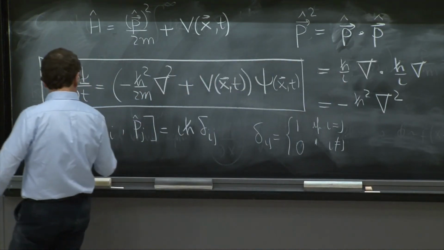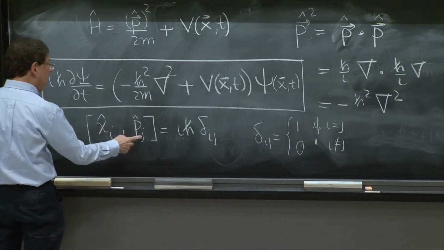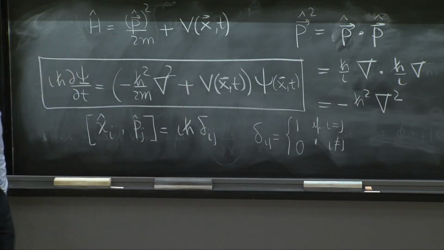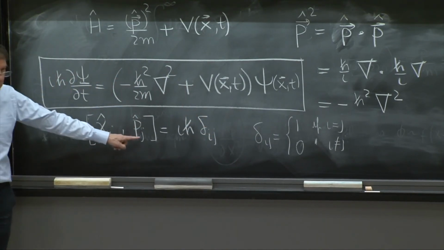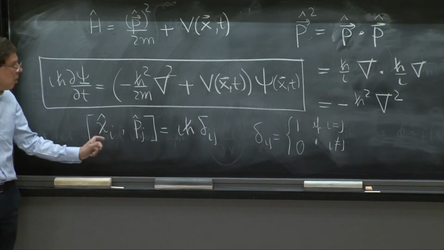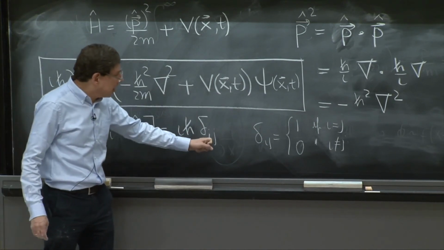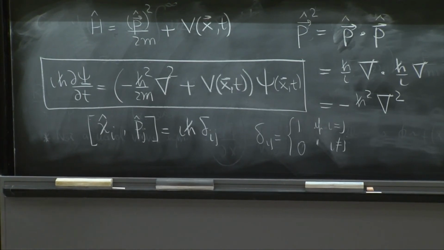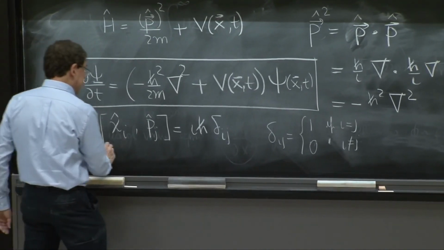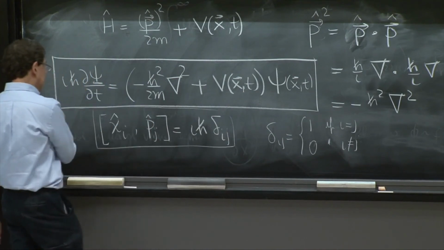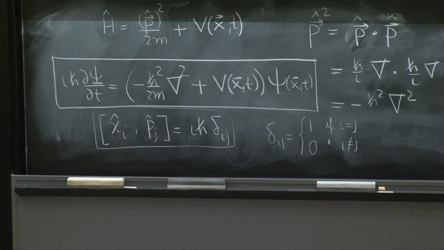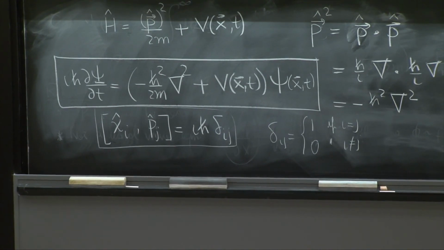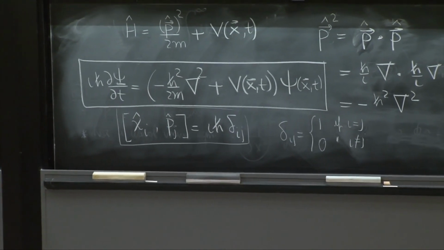So here you go, x and p_x is 1 and 1, delta 1,1 is 1, so you get i h bar. But if you had x with p_y or p_2, you would have delta 1,2, and that's 0 because the two indices are not the same. So this is a neat way of writing 9 equations, because in principle I should give you the commutator of x with p_x, p_y and p_z, y with p_x, p_y, p_z, and z with p_x, p_y, p_z.